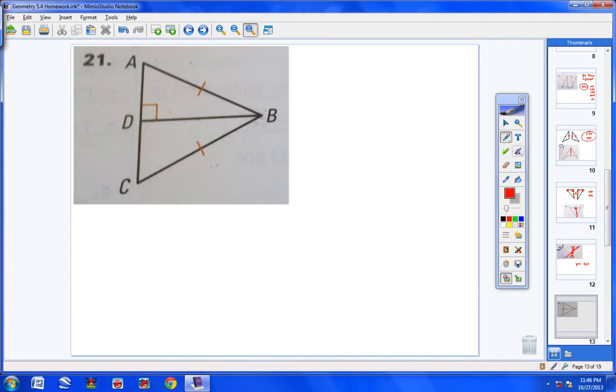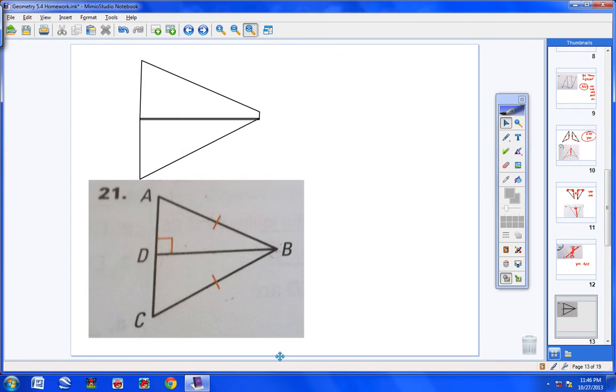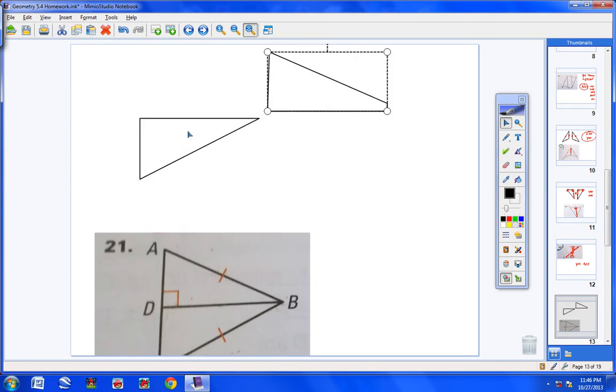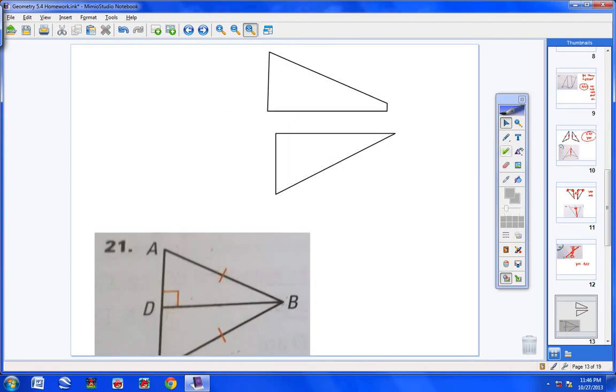Let's see if we can't prove that these two triangles are congruent, or maybe we can't. So let's see what happens here. Okay, we know we have a right angle here, so we definitely have a right angle here.